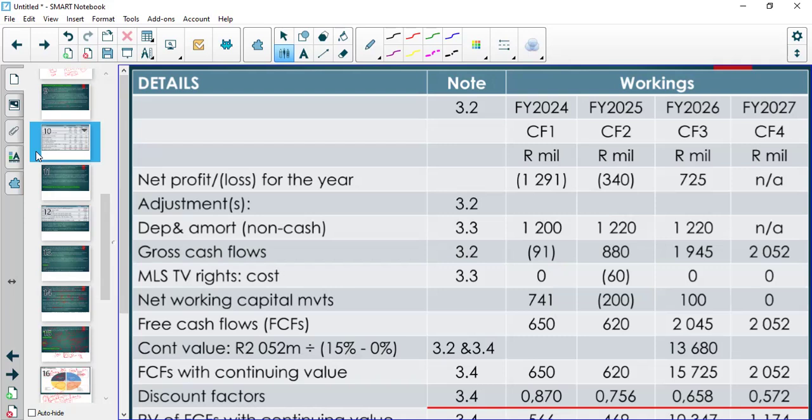So the concept of a free cash flow is that we need to convert accounting profit to a cash flow, because we have accounting income, and in that accounting income there will be non-cash income and non-cash expenses. All right, so we need to reverse them. So if there's a non-cash income, like a fair value gain on investment property, there was really no cash flow, right?